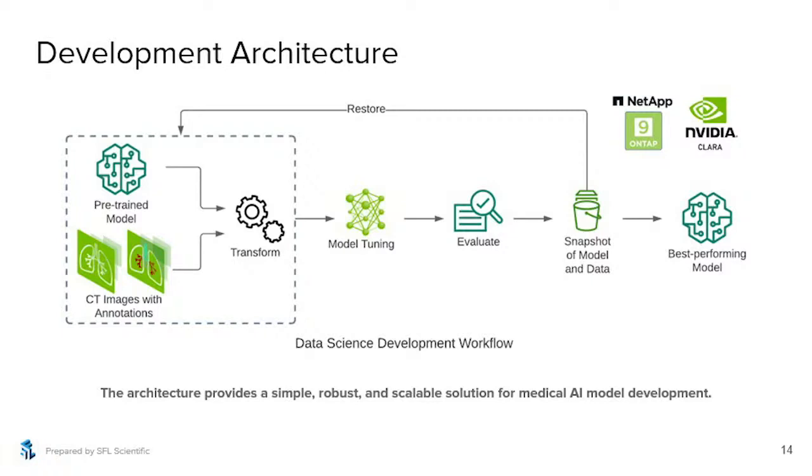The ONTAP snapshot capability allows for near instantaneous saving and storing of snapshots, which makes this iterative experimentation phase simple and easy to manage. Eventually, the best performing model is selected by the data scientists or clinicians, and we can package this for deployment into a healthcare AI system. Deployment considerations are covered in subsequent slides using NVIDIA frameworks.